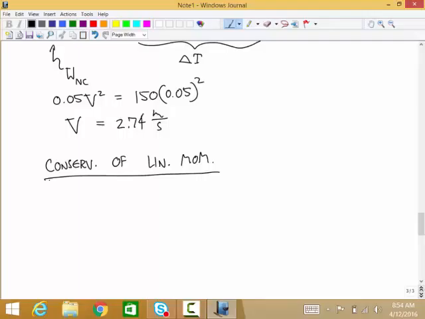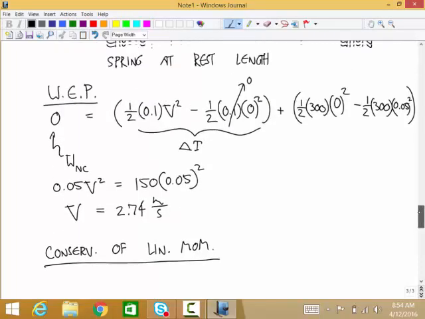Okay, so in the last part, when you put in the second term and the change of potential energy, what is that 0? A better way to think of it is, don't think of it as x equal to 0.